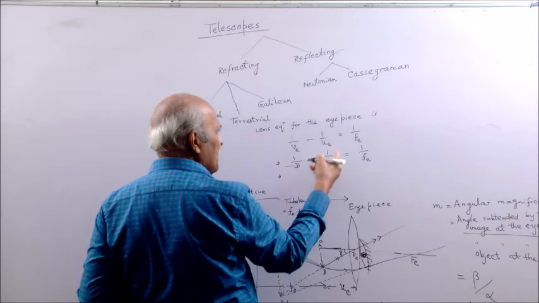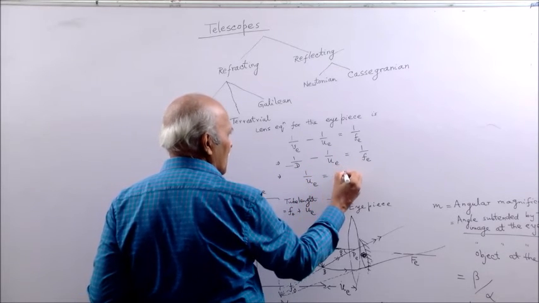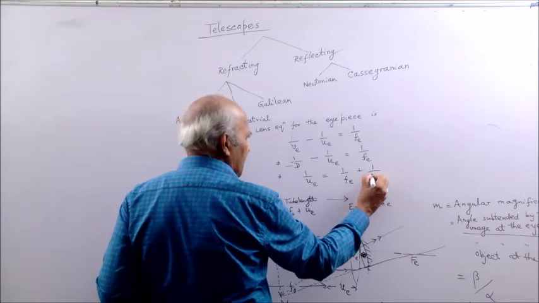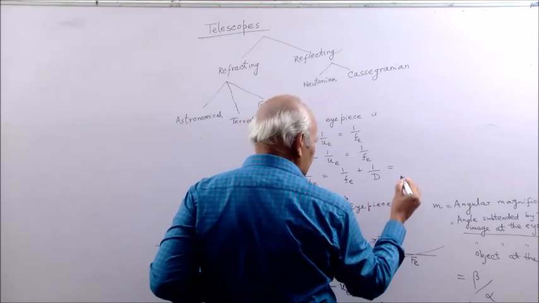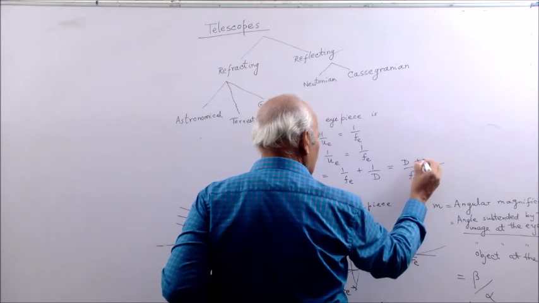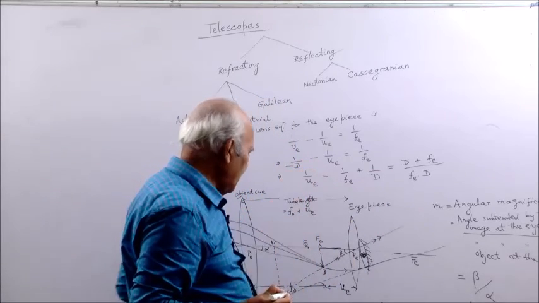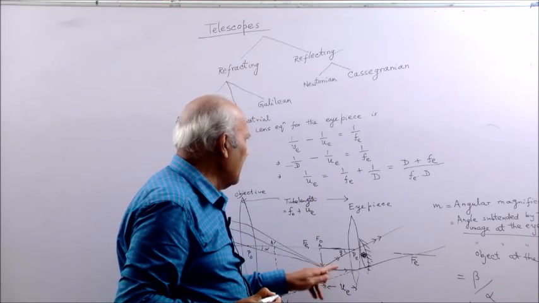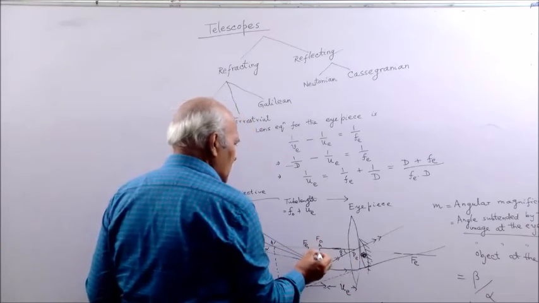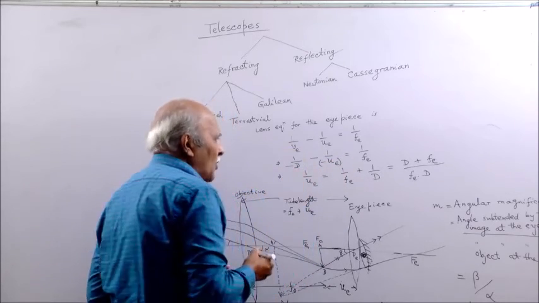That gives you 1 by UE is your 1 by FE plus 1 by D, that is D plus FE by FE D. There is a minus sign for UE also, because you are measuring object distance from PE, right to left. So, it is a minus sign, so it becomes plus.